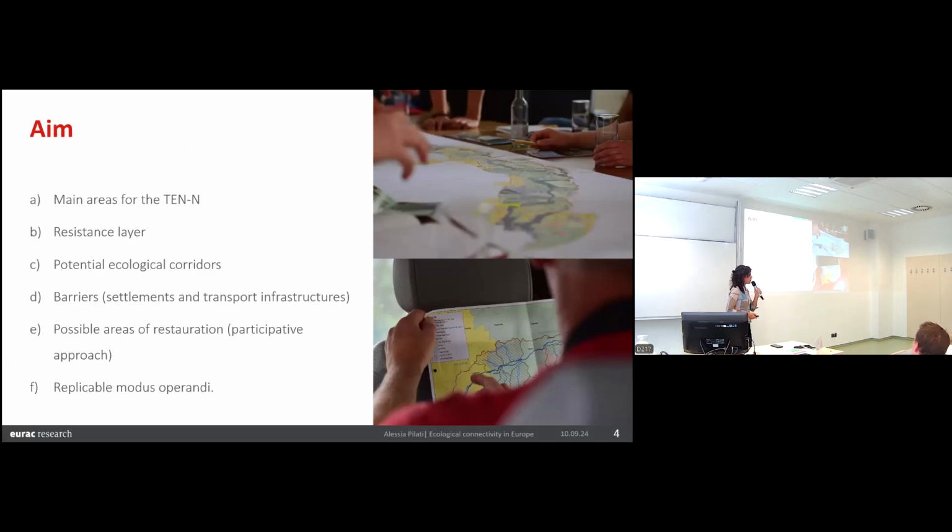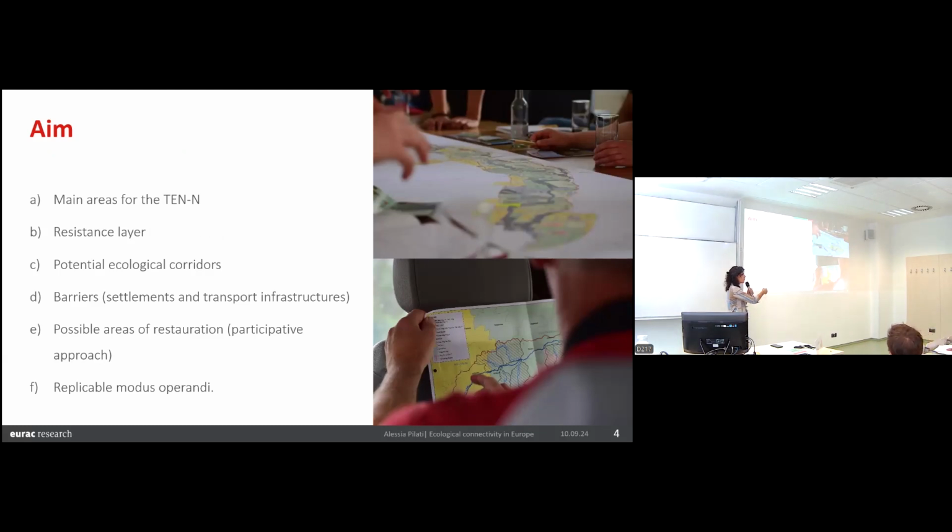The aims of the project, especially for us as GIS manager, were to find the most important areas for the network, the resistances to this network, and therefore the potential ecological corridors.